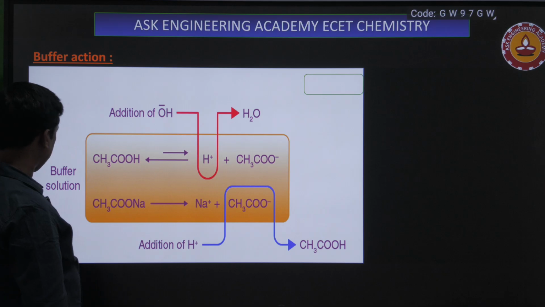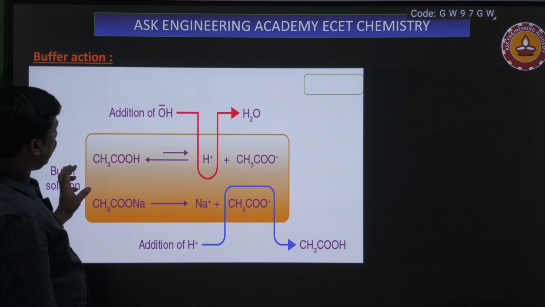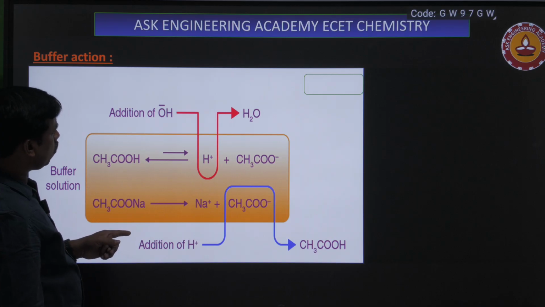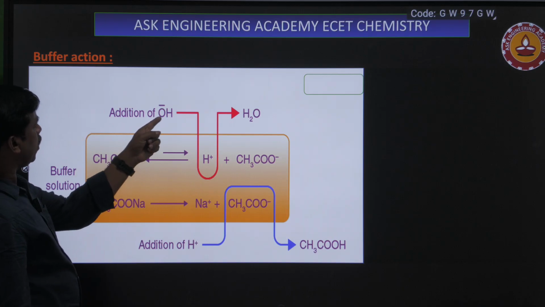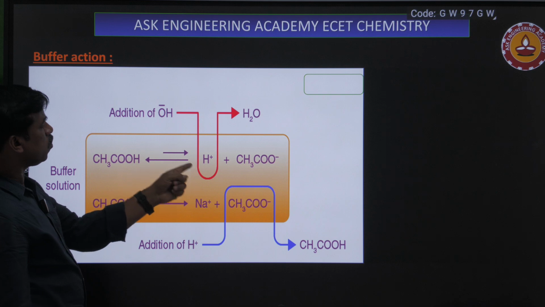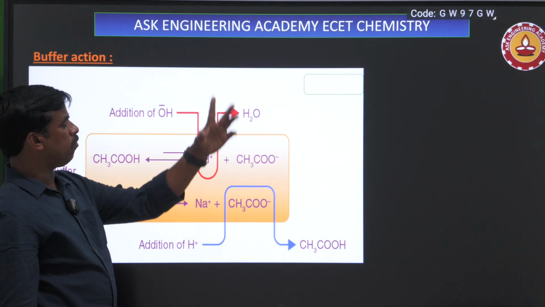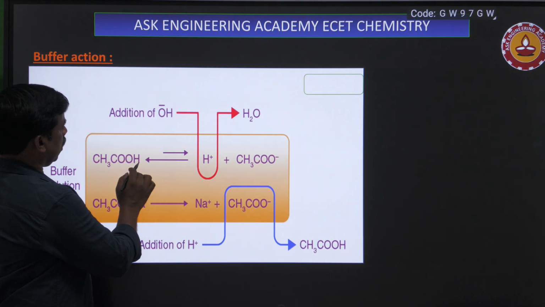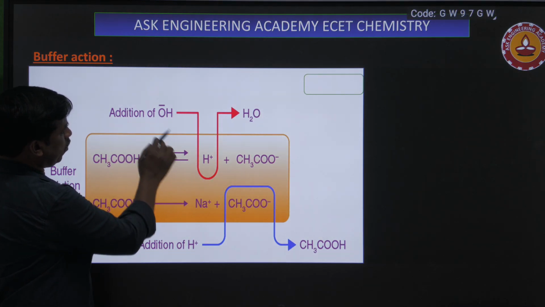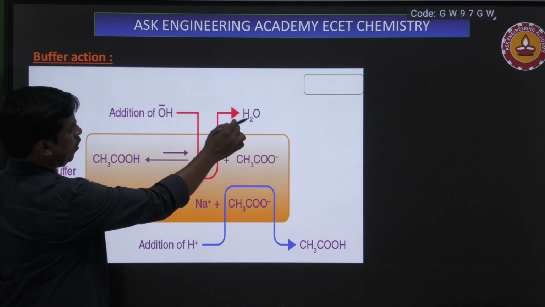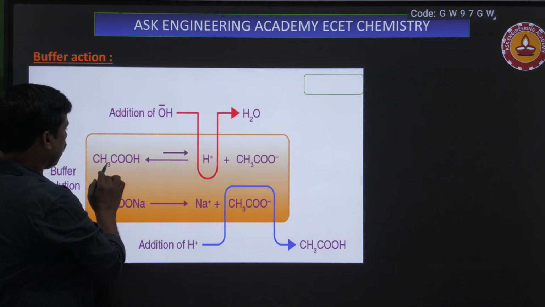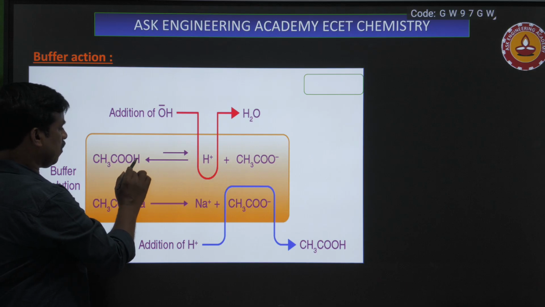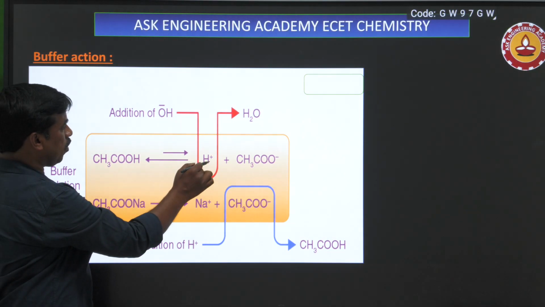Here, buffer action. In buffer solutions, whenever OH minus is added, or H plus is added, what happens? On addition of OH minus, it combines with H plus and forms a water molecule. Here, acetic acid dissociates and releases H plus ion.